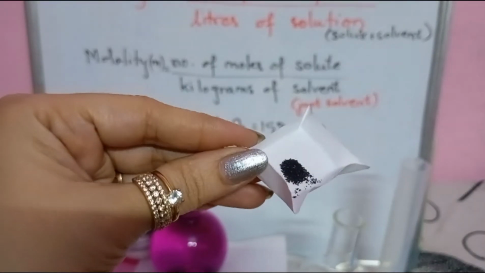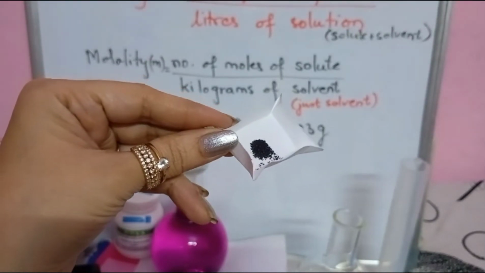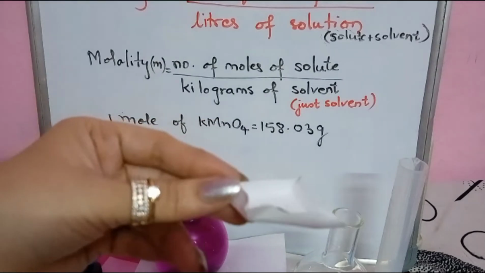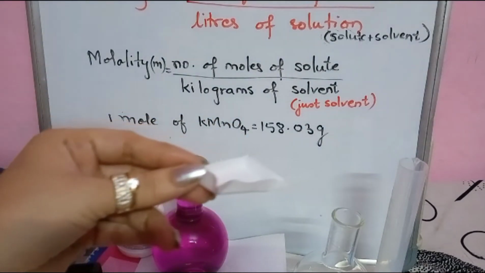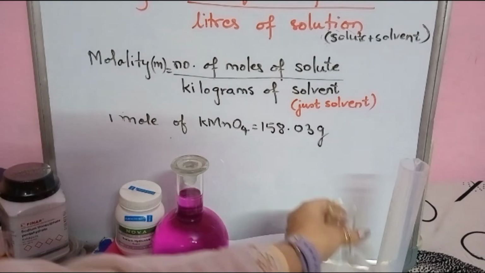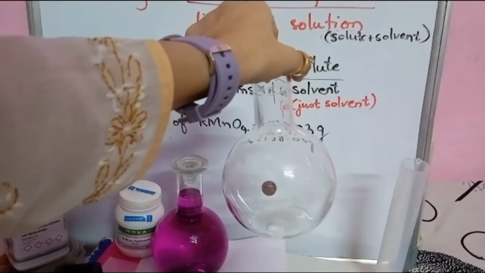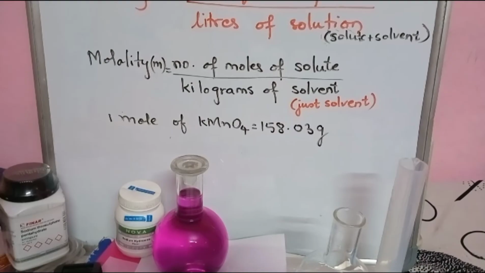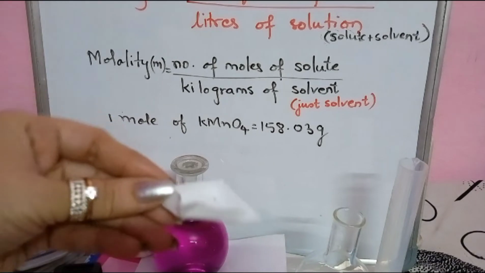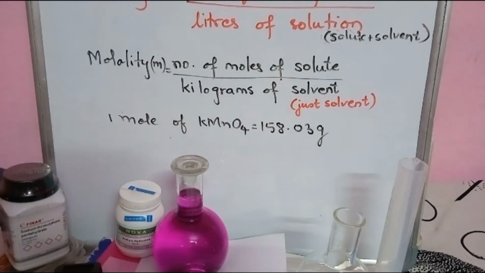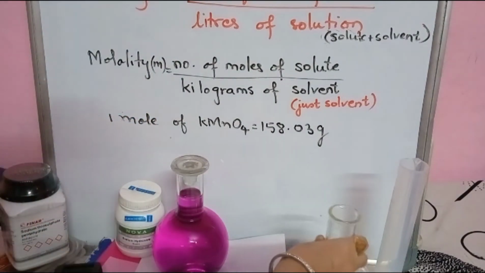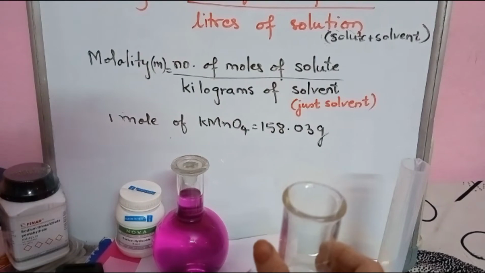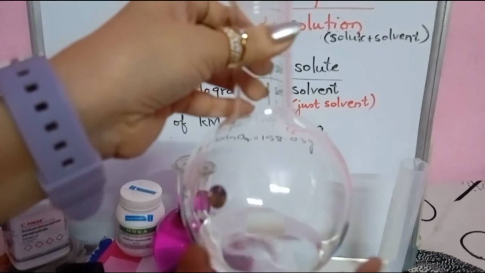Here I have again measured 158 grams of potassium permanganate, but instead of directly adding it into the volumetric flask, I'll measure 1 kilogram of water on the scale first.